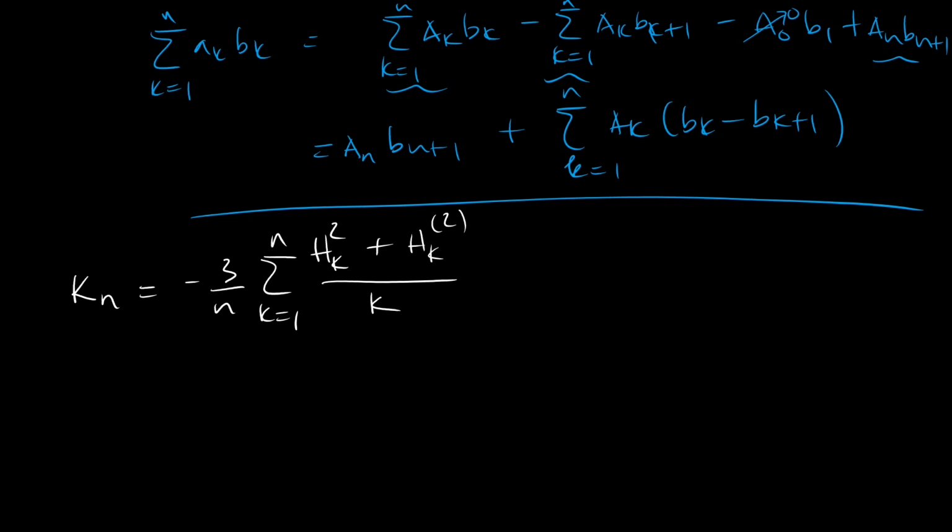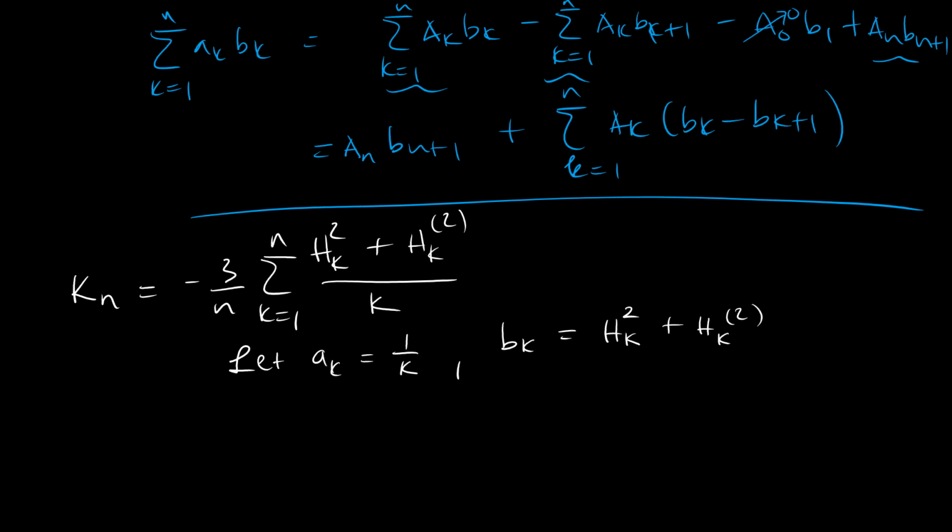Okay, let a_k be equal to 1 over k and b_k be equal to H_k plus H_k squared.